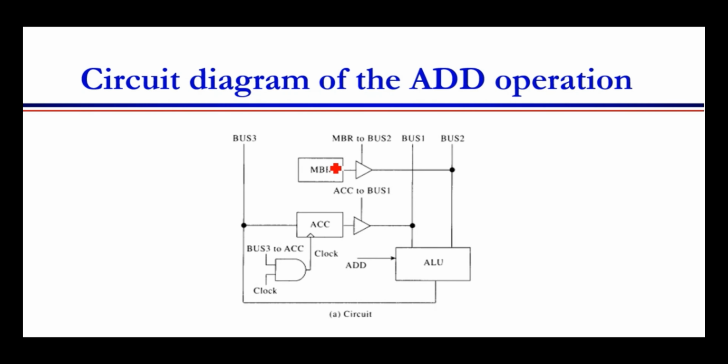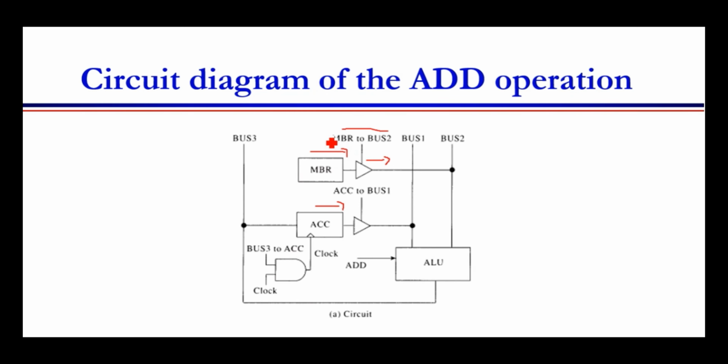We are giving data of MBR to bus 2 and accumulator to bus 1. So whenever the control signal of MBR to bus 2 is high, data will be shifted from MBR to bus 2. If this signal is low, then this buffer or gate will block data from going towards bus number 2.